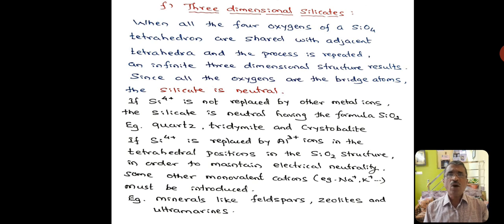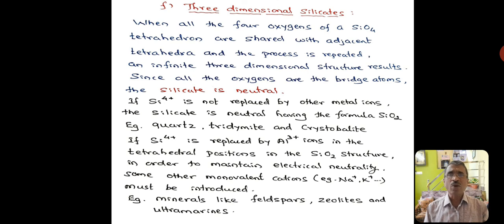If silicon 4 plus is replaced by aluminium 3 plus ions in the tetrahedral positions in the SiO2 structure, in order to maintain electrical neutrality, some other monovalent cations must be introduced.